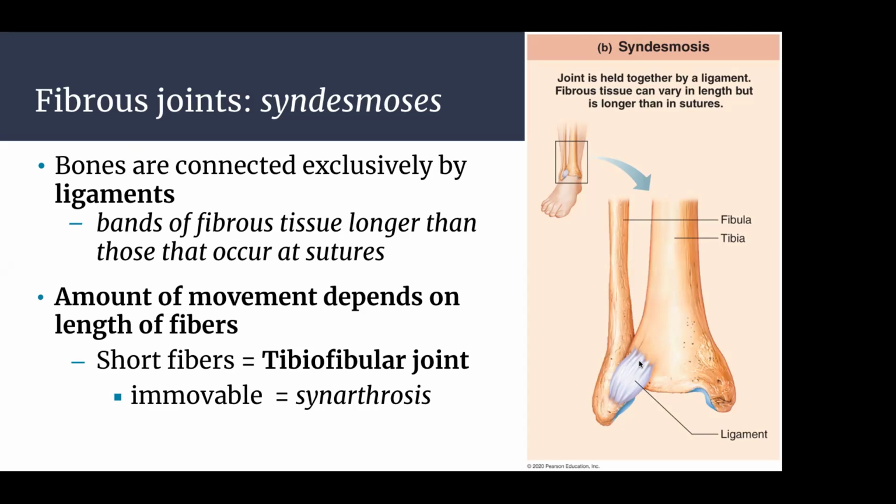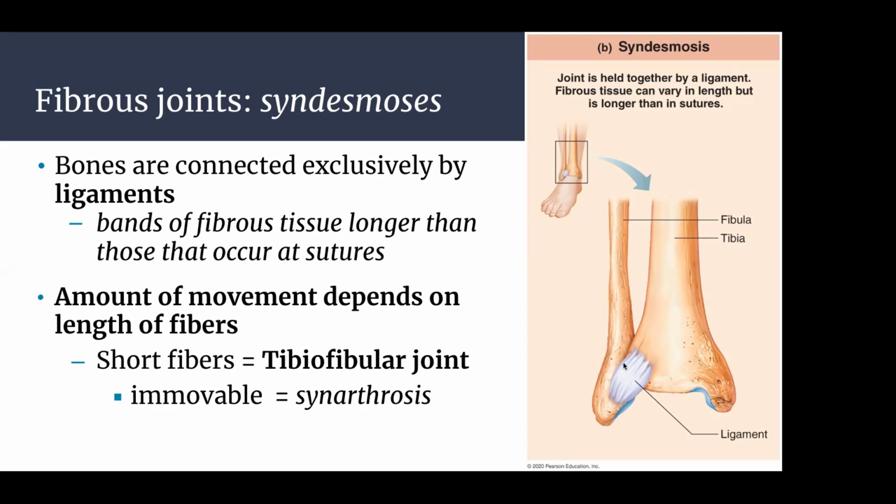So here we have quite a short set of fibers holding these two bones together. And this is important because it helps improve the distribution of forces between these two bones in our lower leg.